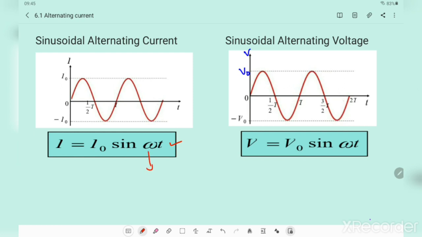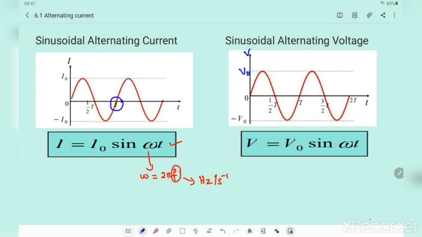Omega is the angular frequency or angular velocity, and we can calculate it using the equation omega equal to 2 pi f, where f stands for the frequency. Frequency is defined as the number of complete cycles in 1 second, and the unit is hertz or per second.